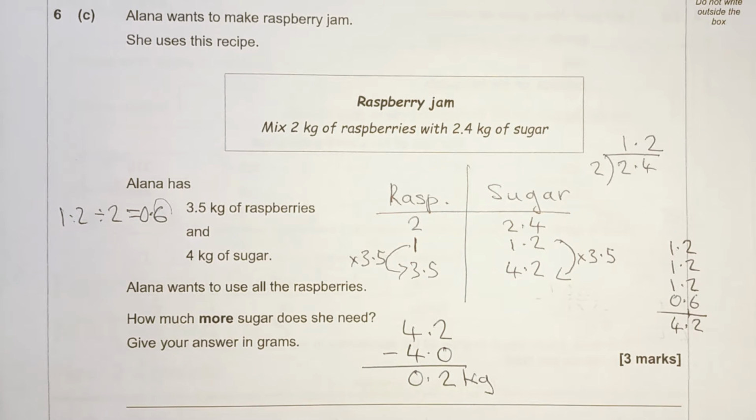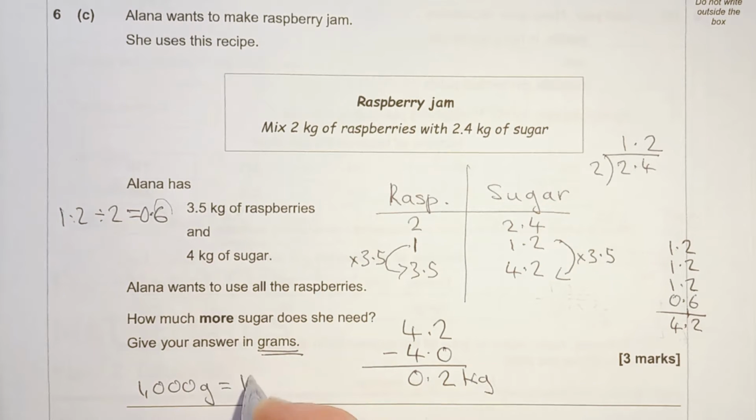Now, don't stop there, because they've said give your answer in grams. You could have converted to grams at the start of the question. I think it's maybe easy to keep them in kilograms up until now. But what we need to know is that we've got 1,000 grams in 1 kilogram.